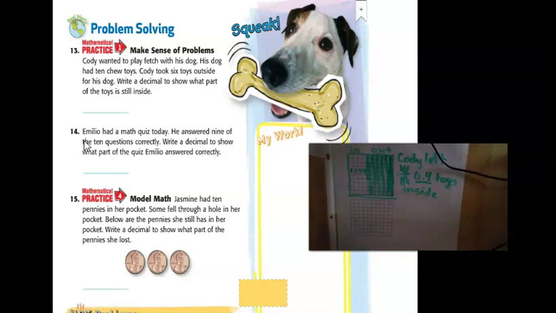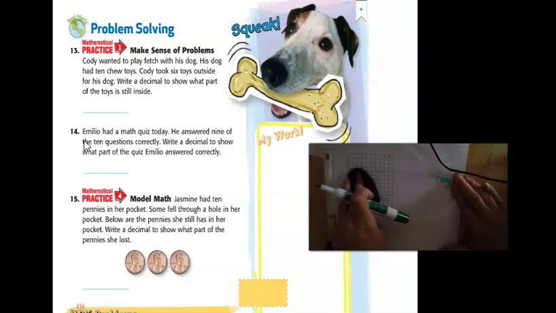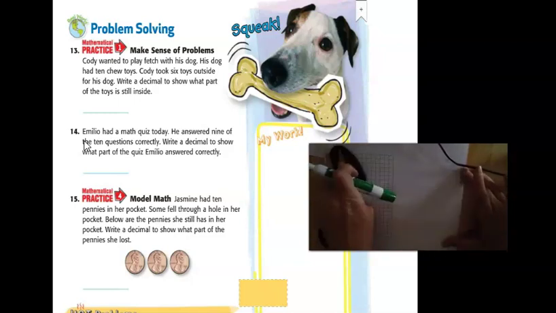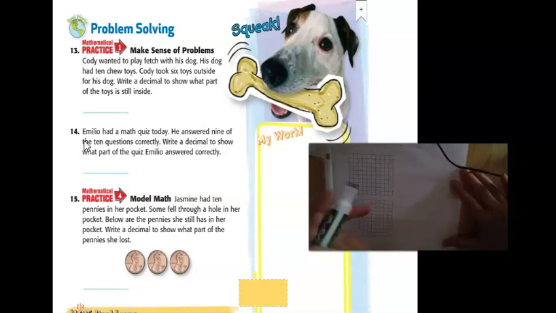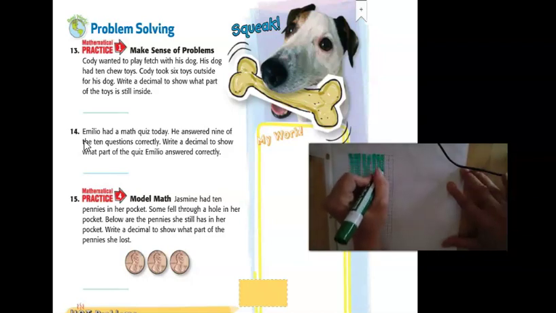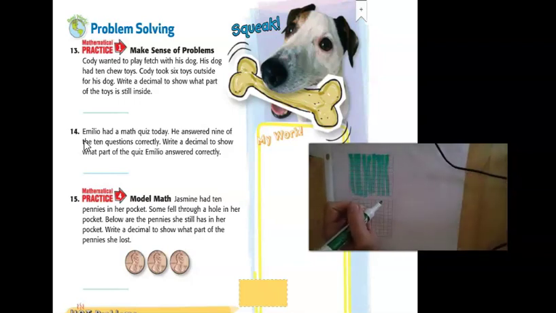Emilio had a math quiz today. He answered 9 of the 10 questions correctly. Write a decimal to show what part of the quiz Emilio answered correctly. Okay, so he answered 1, 2, 3, 4, 5, 6, 7, 8, 9 of the questions correctly.